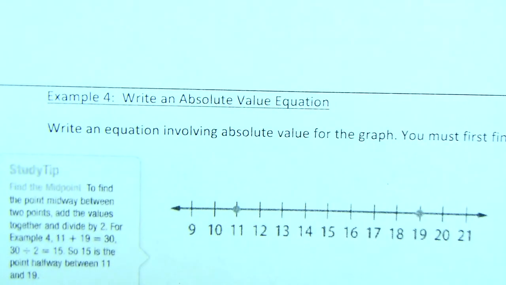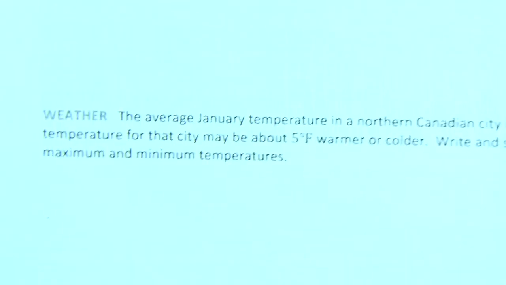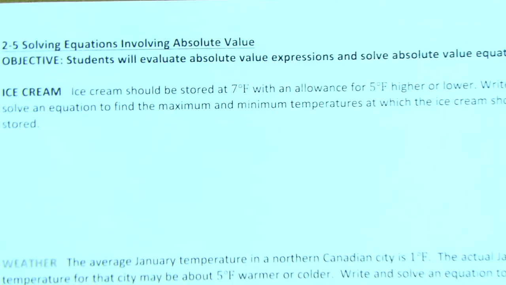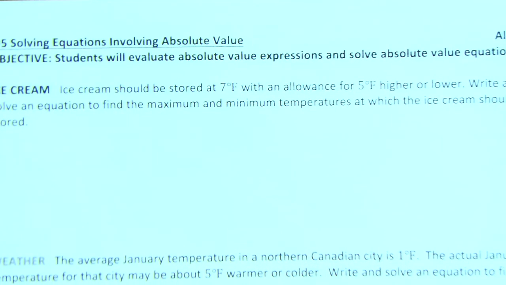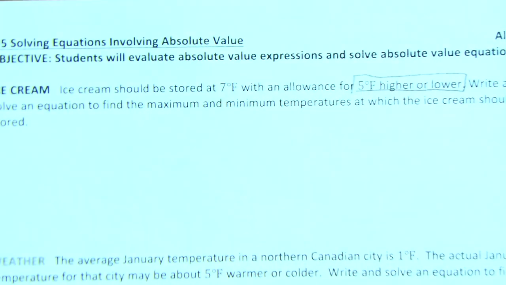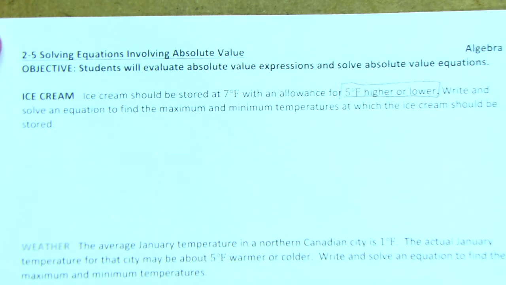And we are talking ice cream. All right, it says ice cream should be stored at 7 degrees Fahrenheit with allowance for 5 degrees higher or lower. Write and solve an equation to find the maximum and minimum temperatures.